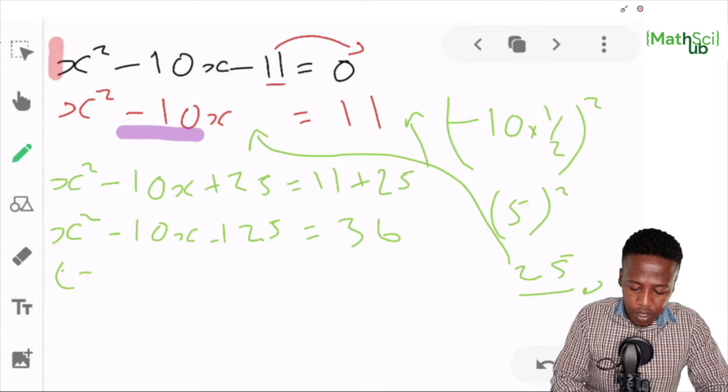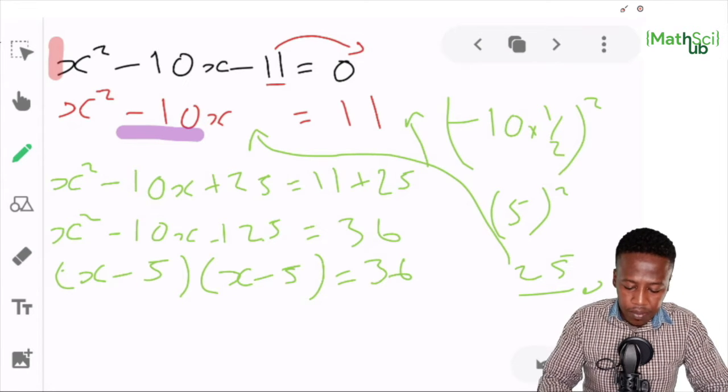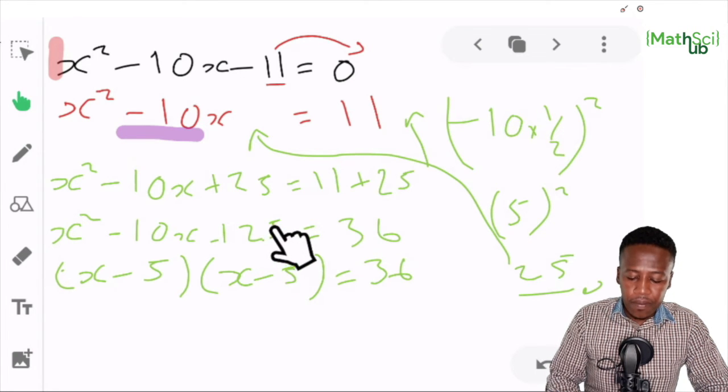Now in this case, we have x minus 5, x minus 5. Remember the method that I think is much easier. What you do is, what are the factors of 25?